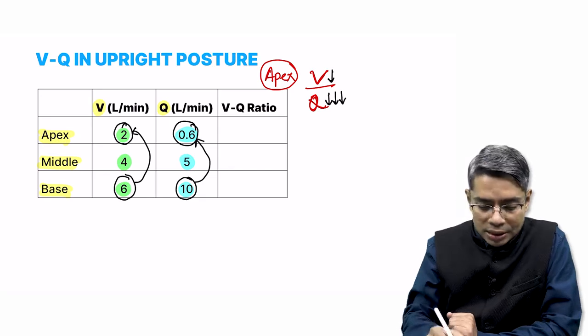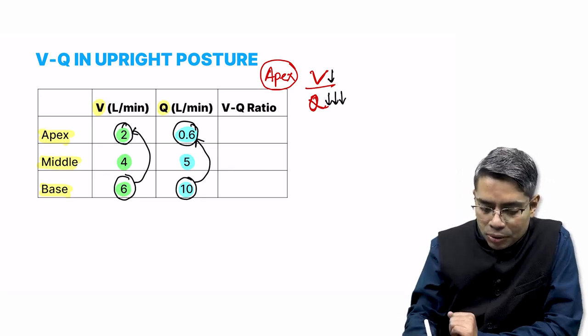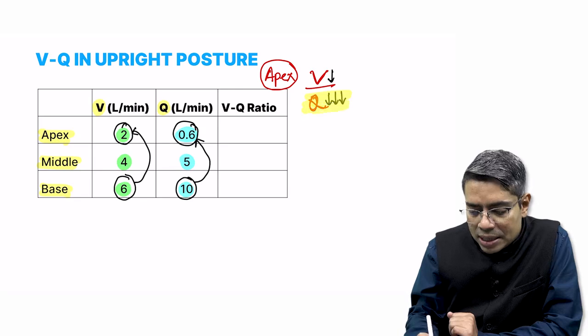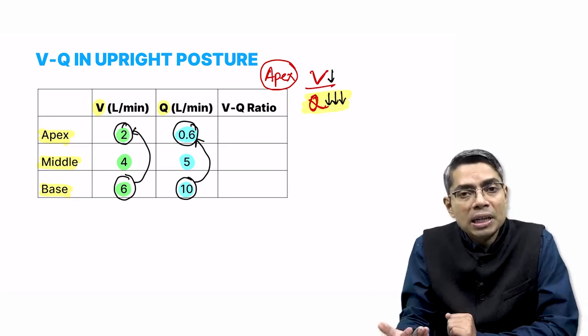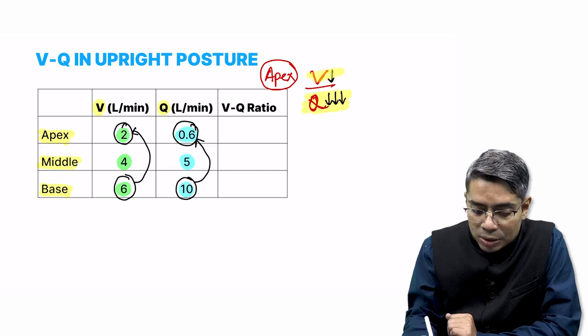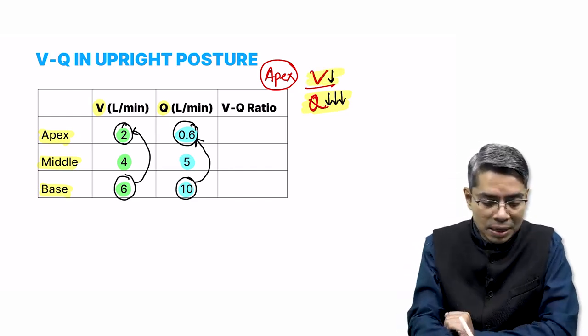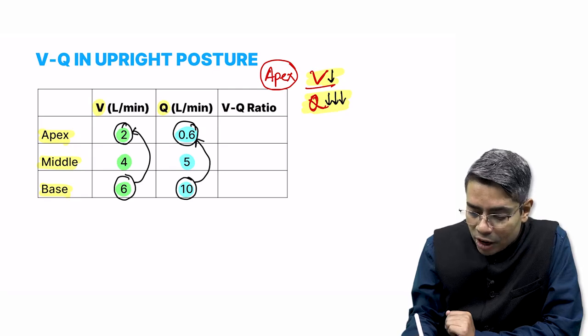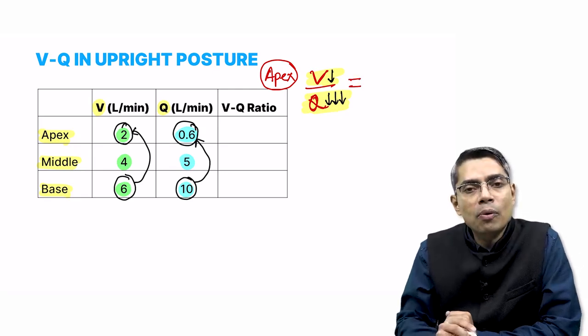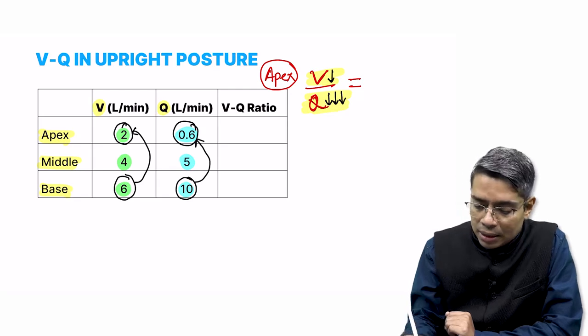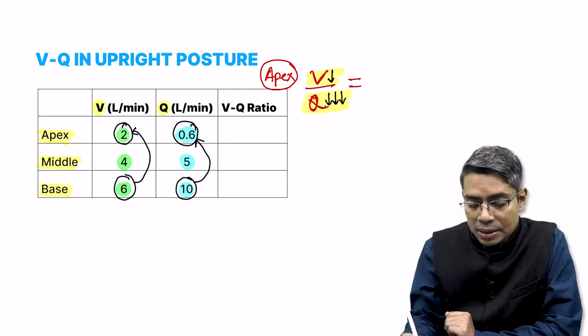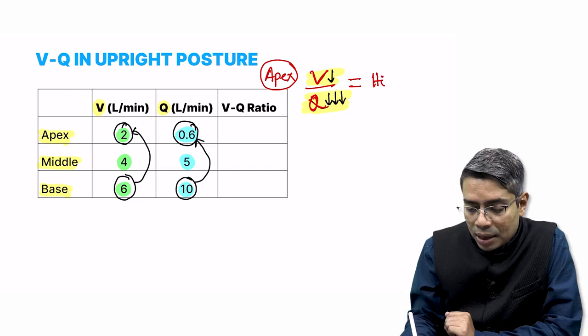The perfusion. That means in this ratio, the denominator is lowered more than the numerator. So at the level of the apex, the perfusion is reducing more than the ventilation, and because of this the ratio becomes highest.